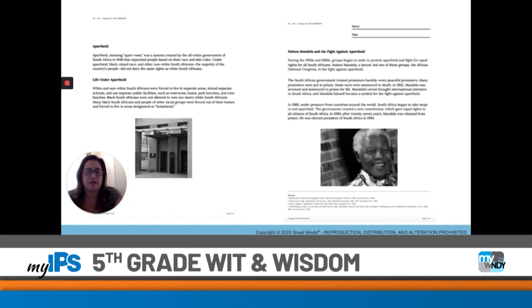The government created a new constitution which gave equal rights to all citizens of South Africa. In 1990, after 27 years, Mandela was released from prison. He was elected President of South Africa in 1994.